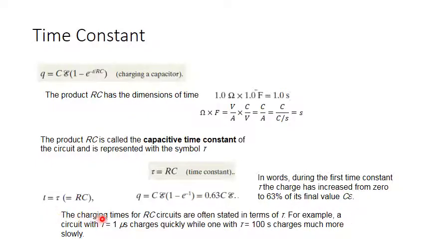The charging times for RC circuits are often stated in terms of tau. For example, a circuit with tau equal 1 microsecond charges quickly, but if we are talking about another circuit with tau 100 seconds, it charges much more slowly. So effectively, by controlling the values of R and C, we control the rate of the charging.